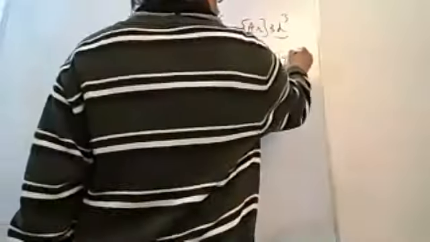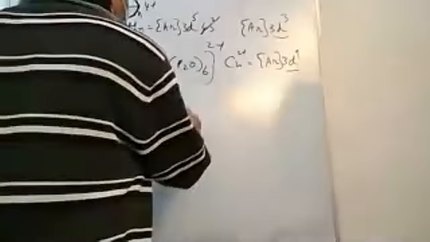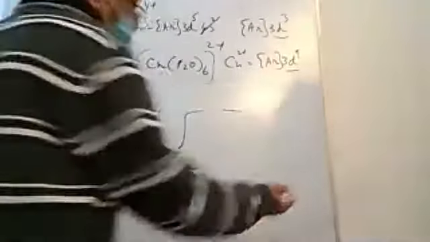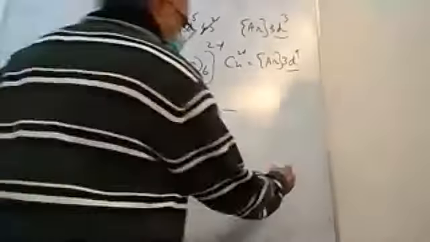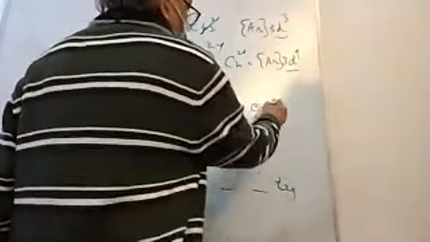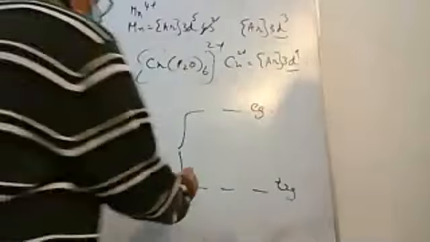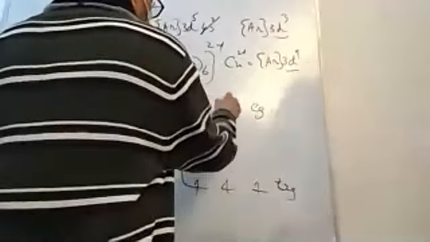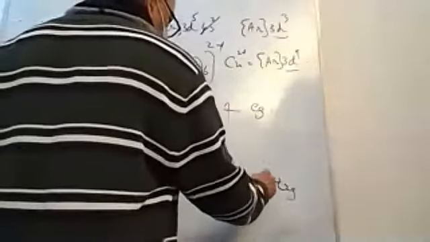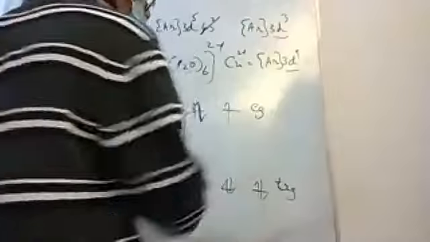You're absolutely correct, sir. So now if you want to put the electrons in t2g and eg, how would you do this? 1, 2, 3, 4, 5, 6, 7, 8, 9, right?